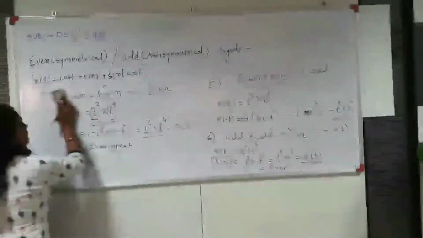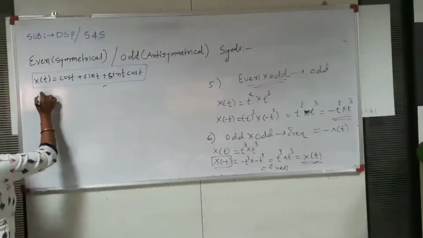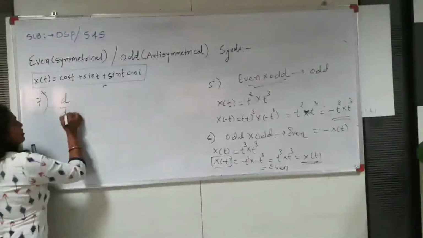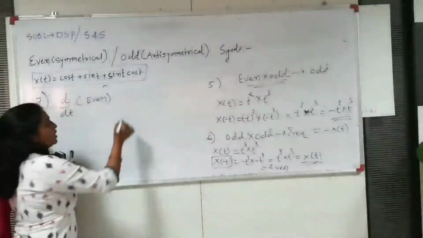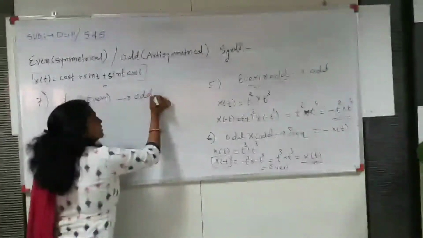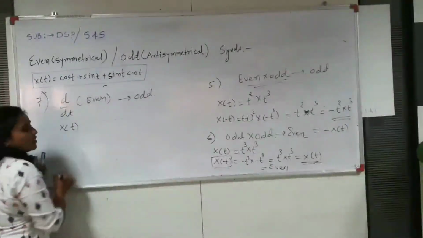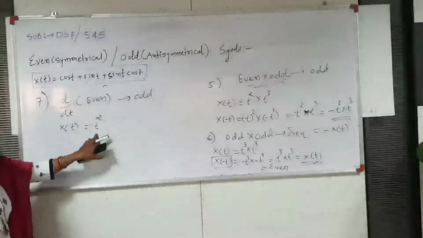Now let's take one more property, the seventh. The seventh property is that the derivative of an even signal is always an odd signal. Let's take one more example. Suppose my signal x of t is an even signal, t square.